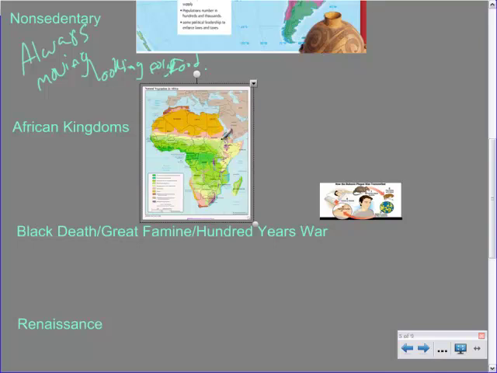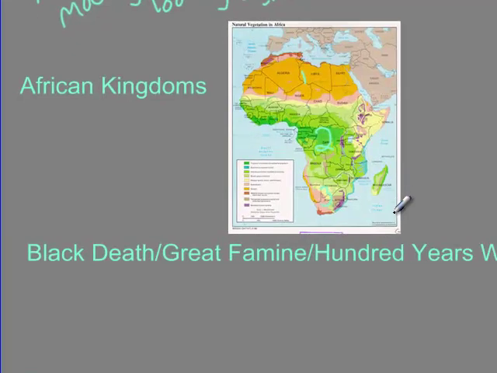Because of these 3 different groups of climates, 3 different types of societies emerge, and because of this, they're not as large as the ones that we see in the North American continent. And these smaller groups often fight with each other.